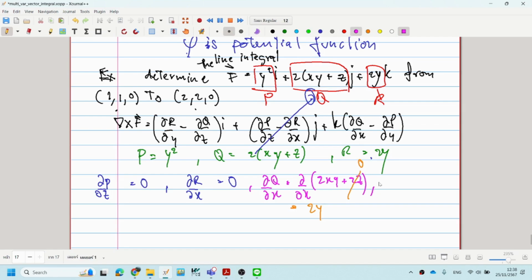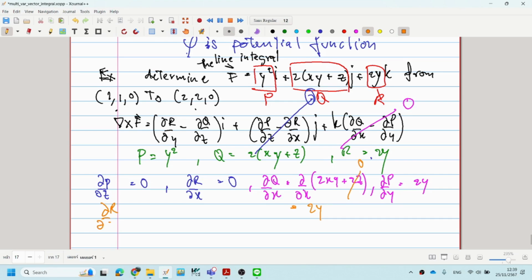Another one for this pair: ∂q/∂x and ∂p/∂y. ∂p/∂y is 2y, right? So 2y minus 2y, it will become 0 again. Next, orange.